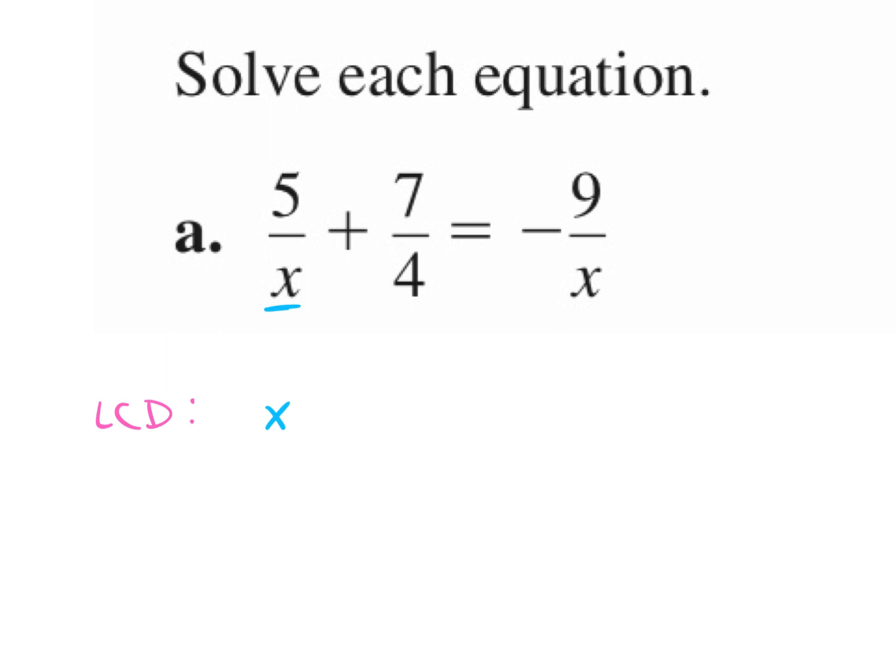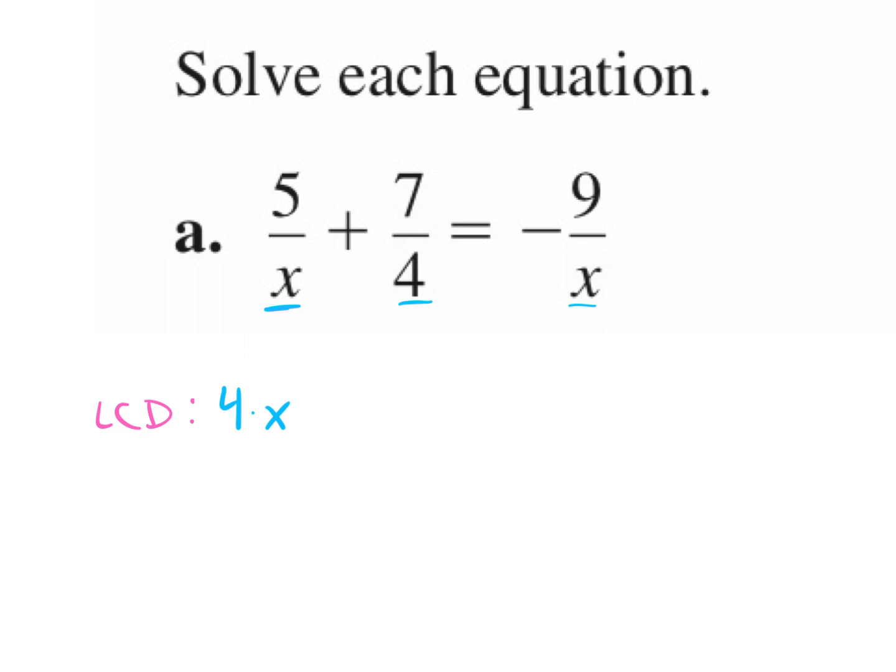So in my list of least common denominators, moving to the next denominator, I have 4. Do I have 4 on my list already? No, so I have to include it. So I have 4 times x. Then my other denominator, I have x. Do I have x on my list already? Yes.